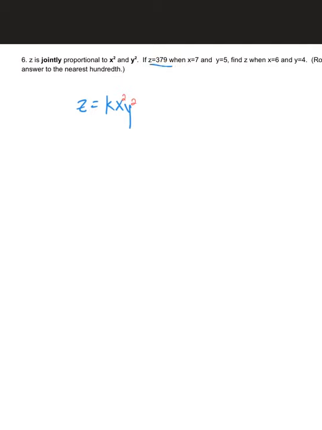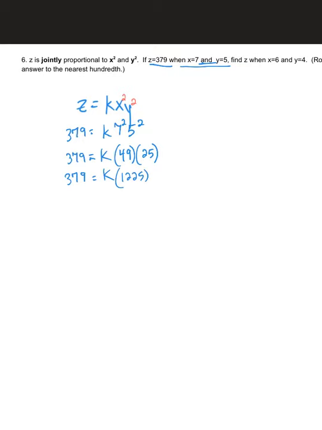So we're given z is 379 when x is 7 and y is 5. So z is 379, x is 7, make sure you square that. Y is 5, make sure you square that. So we've got 379 equals k times 49 times 25. 379 equals k times 1225 if you multiply the 49 and 25.